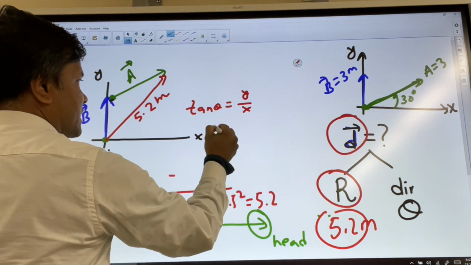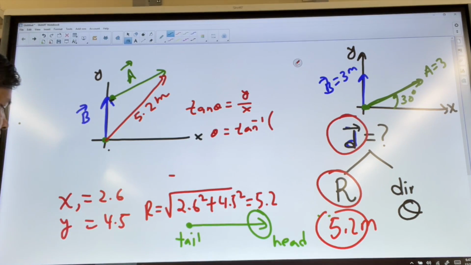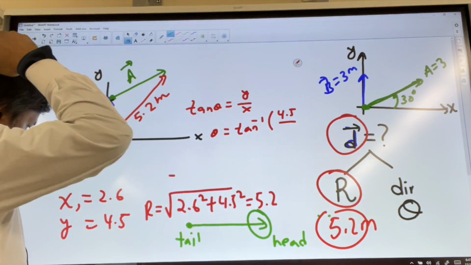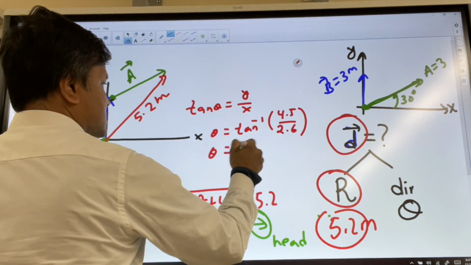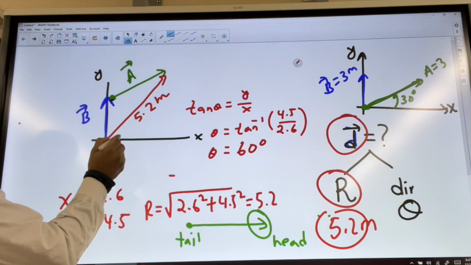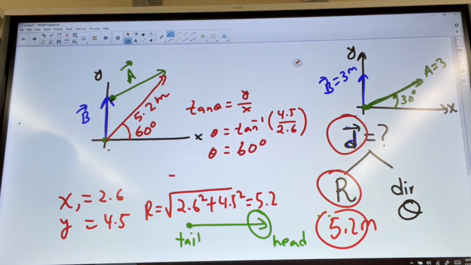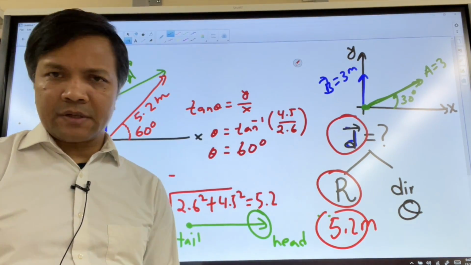So then theta is tangent inverse. What is y? Y is 4.5. What is x? 2.6. All right, so theta is 60 degree. So this angle is 60 degree. All right, this is how you find it. Okay, good.